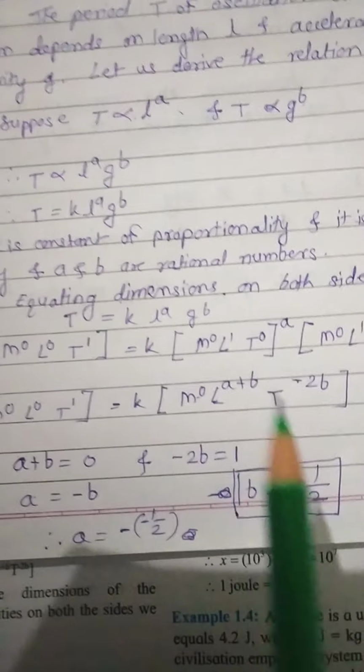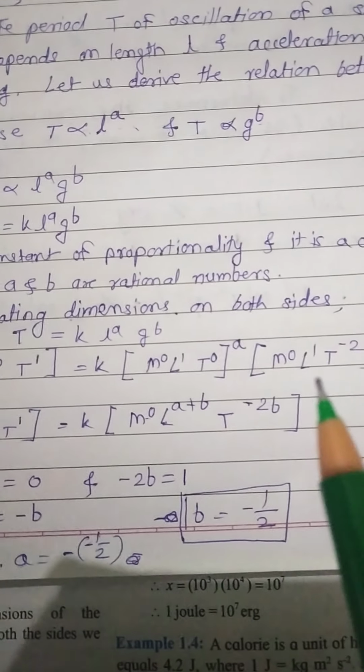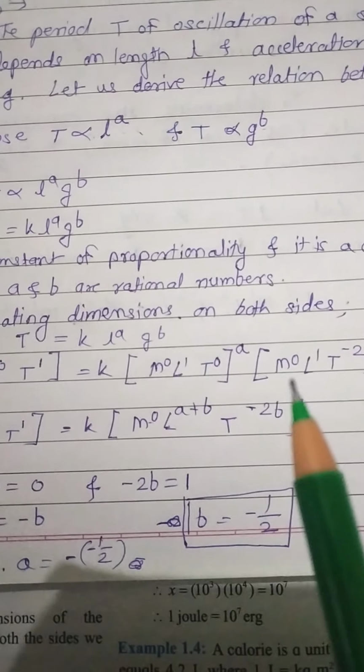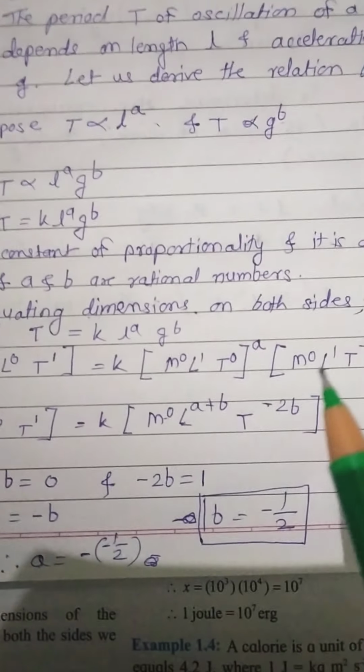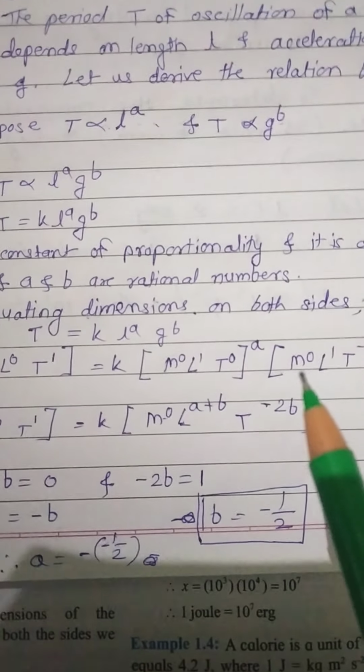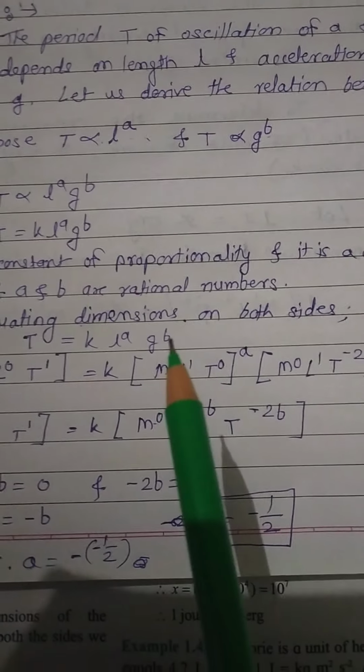And this is multiplied by the dimension of acceleration due to gravity. We know the unit of acceleration due to gravity is meter per second square.